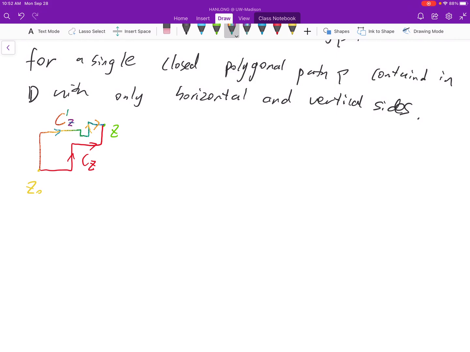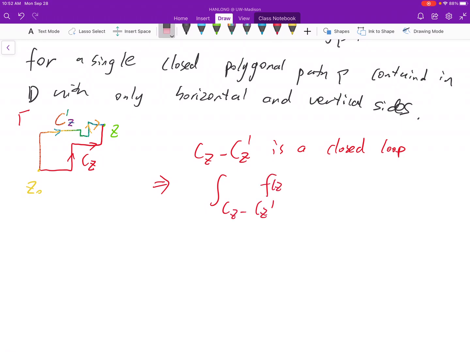How do you show that? Let's see, this is an explanation. C_z minus C_z prime is a closed loop, then the integration of f(ζ) dζ along this is 0.